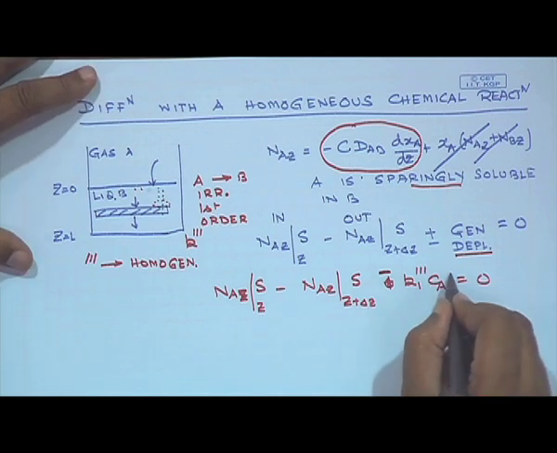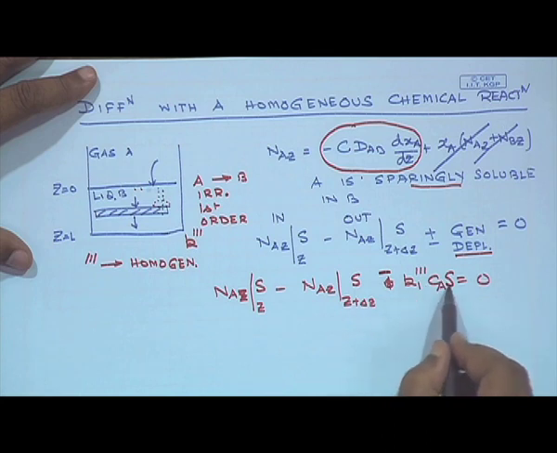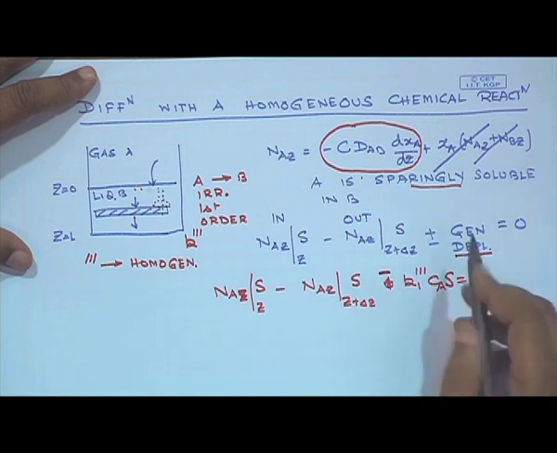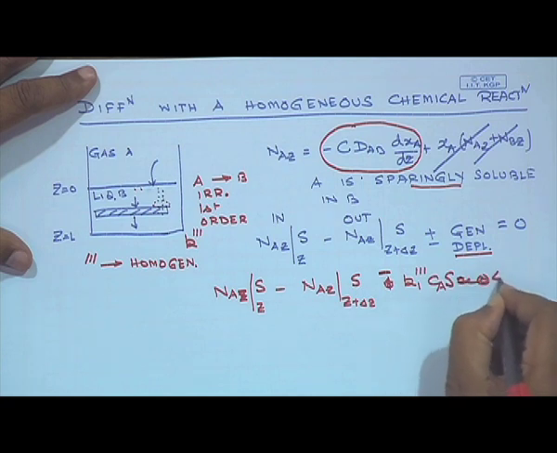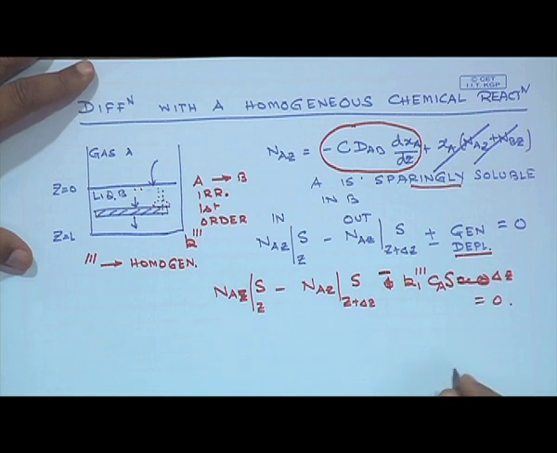And in order to make the units uniform, it is also multiplied with the cross sectional area, and this is taking place over a thickness delta Z. So, this is equal to 0.